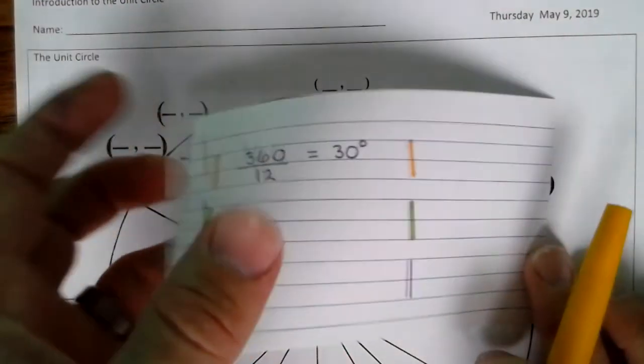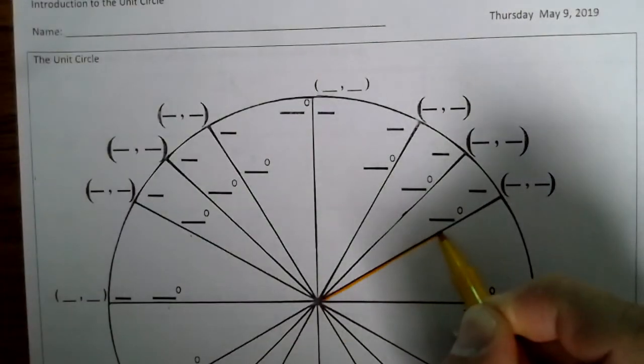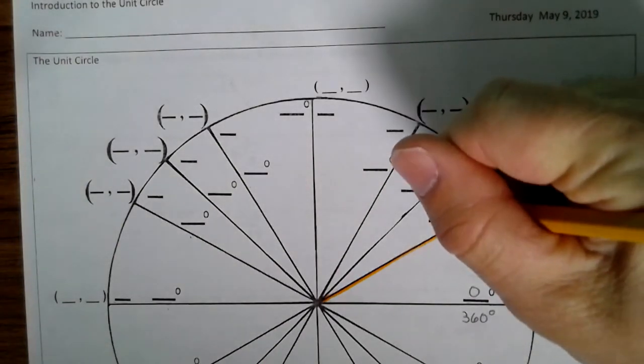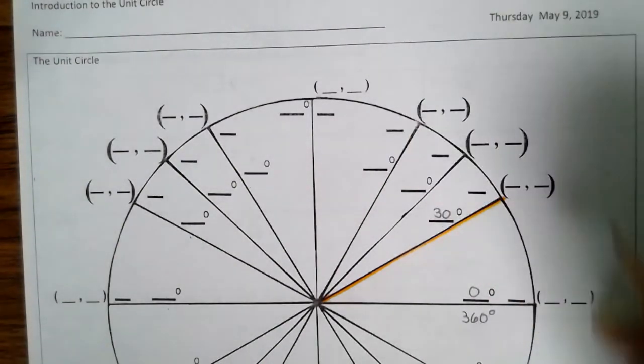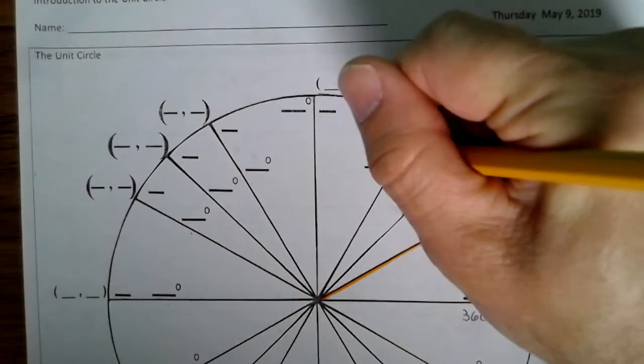So each of these pieces, which we'll do in yellow, is 30 degrees. So 30, that would be 60 degrees.